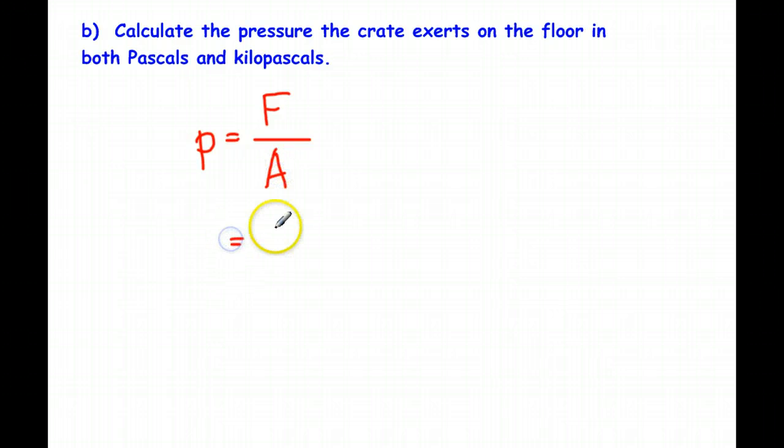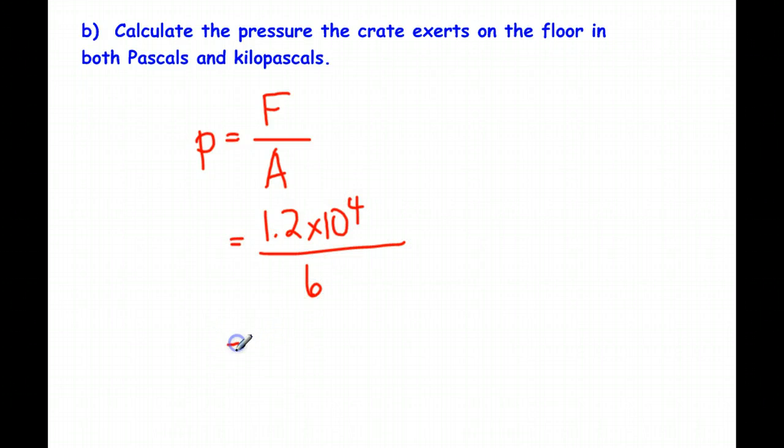Calculate the pressure the crate exerts on the floor. So our pressure is equal to force divided by area. That's equal to 1.2 times 10 to the 4 divided by 6. And we end up with an answer of 2,000 newtons per meter squared.